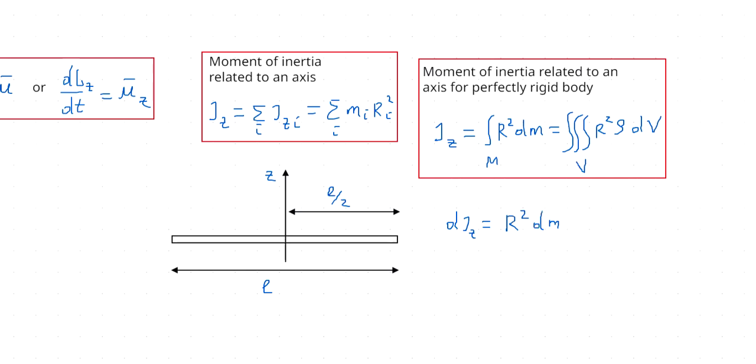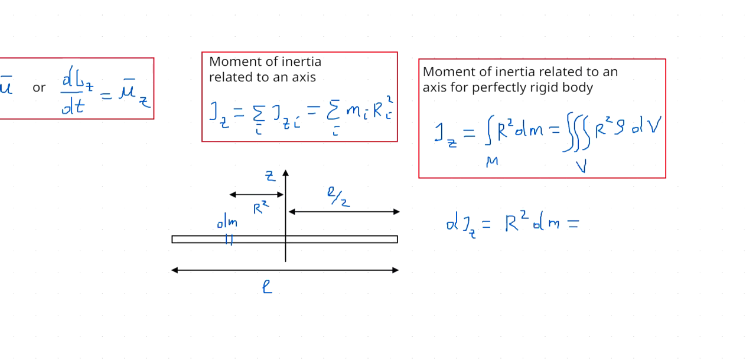We can choose this infinitely small element dm, and this distance is r. This distance is r, the distance between the axis of rotation and the infinitely small element dm.